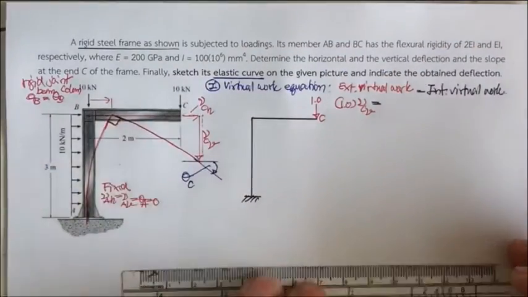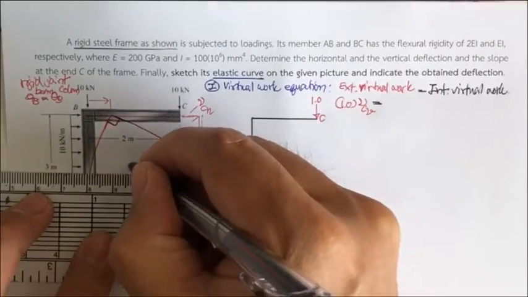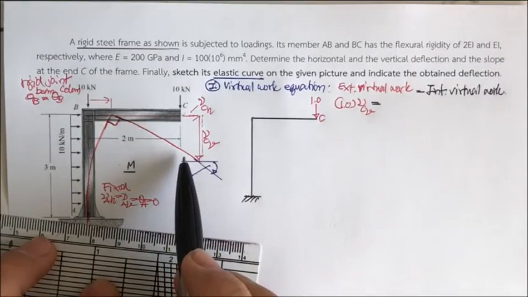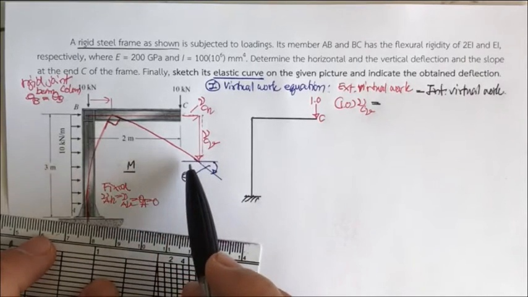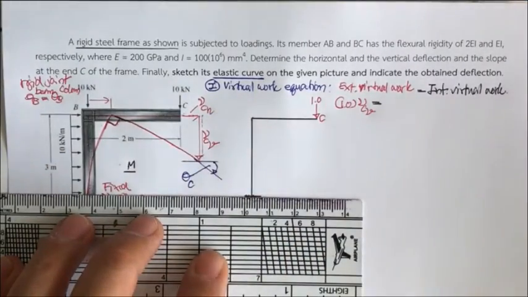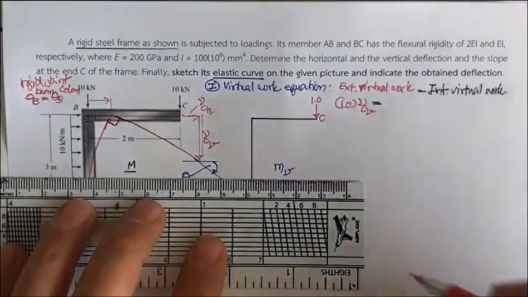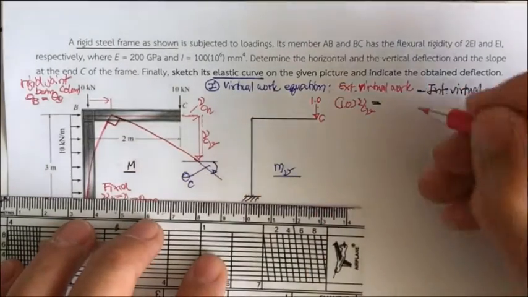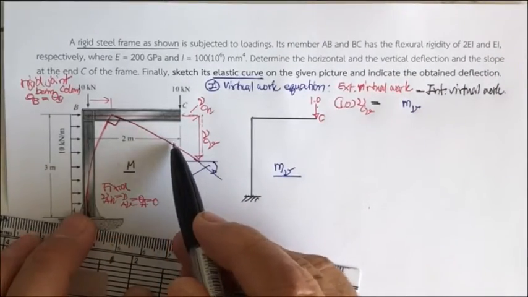to what we have under this applied force: this beam will have a moment inside it. The moment will bend this frame into the shape like the inelastic shape, and this also will produce a moment, let's call it m sub vertical. The 1 unit force produces m vertical, and it's going to multiply by the curve.